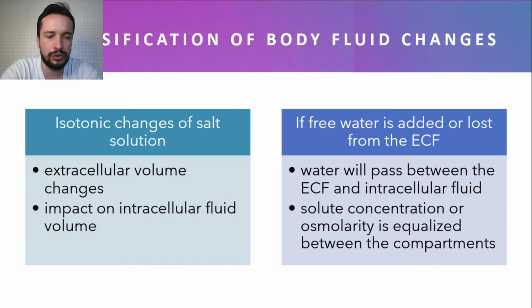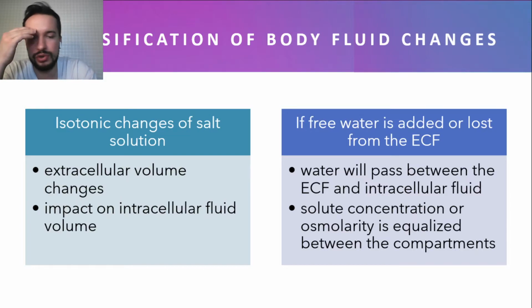If free water is added to or lost from the ECF, water will pass between the ECF and intracellular fluid until solute concentration or osmolarity is equalized between the compartments.